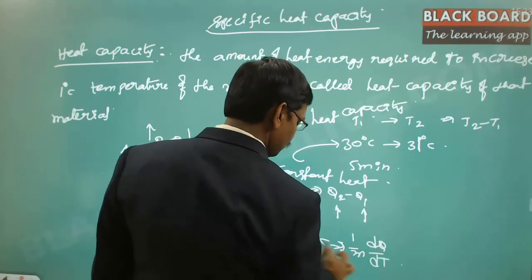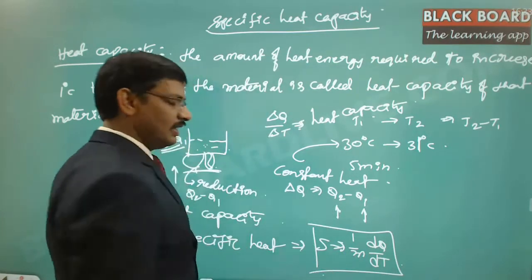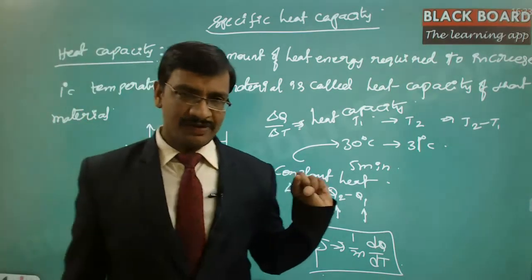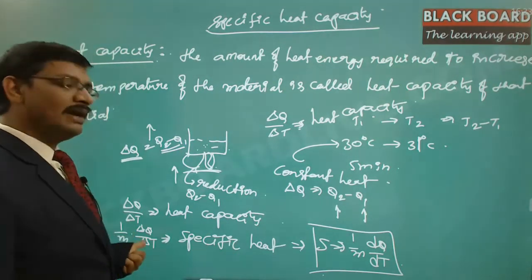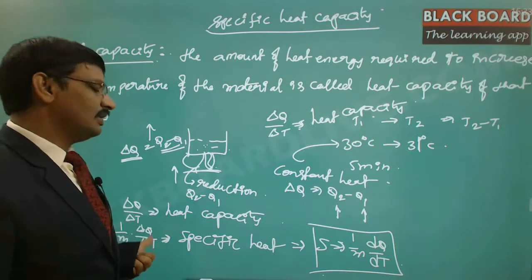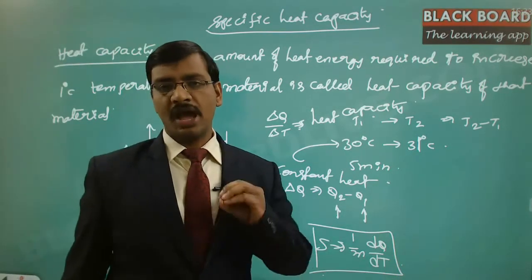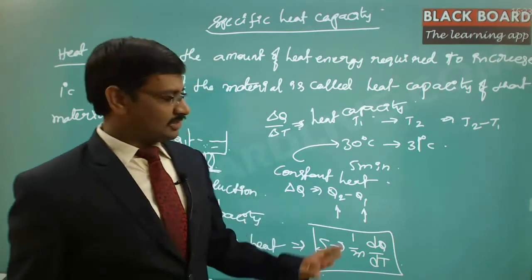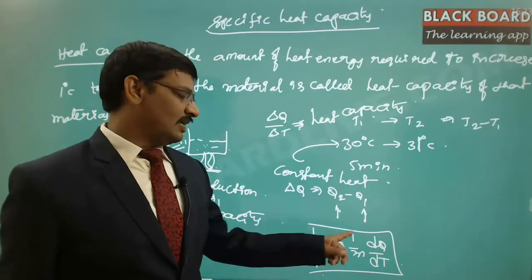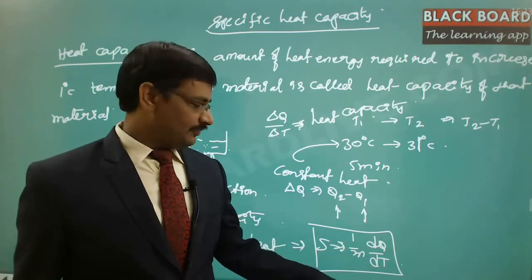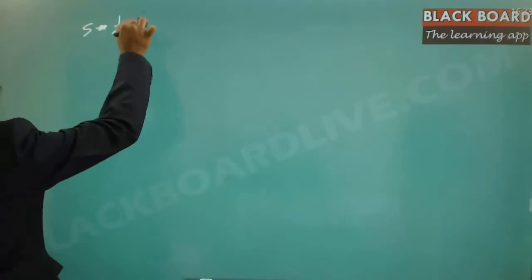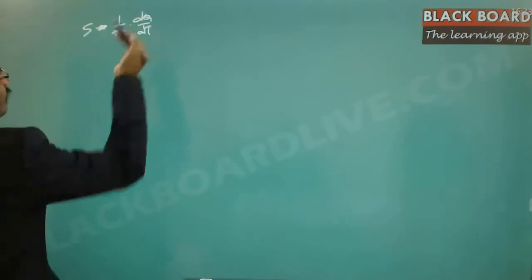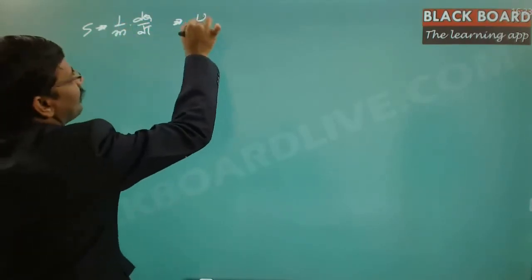This is also correct, because for a very minor change, we say the limit of delta T tending to 0, and then this becomes the derivative, which will give the accurate result. So the specific heat can be defined as S equal to 1 by M dQ by dT.